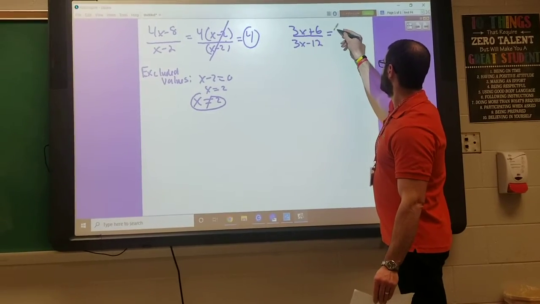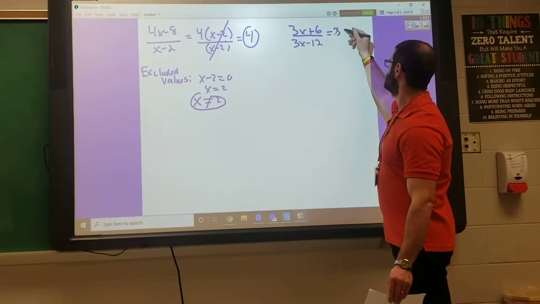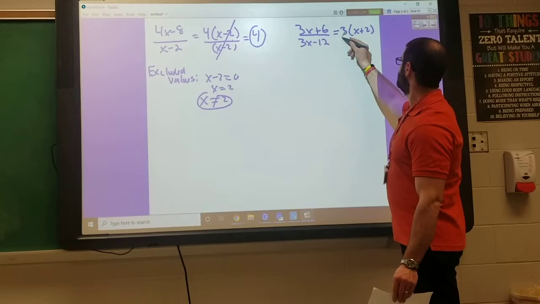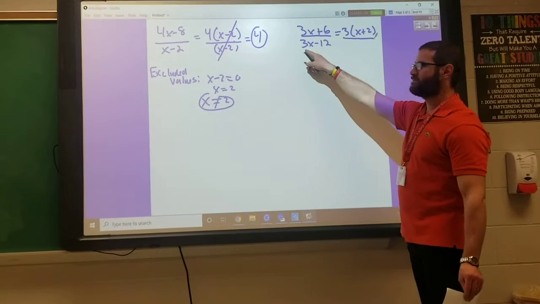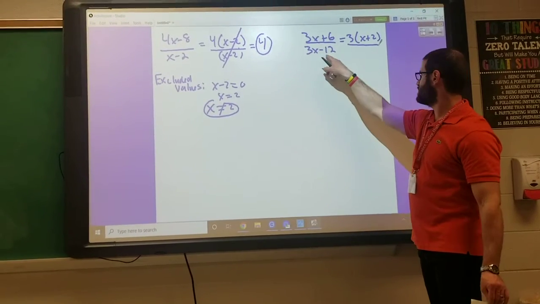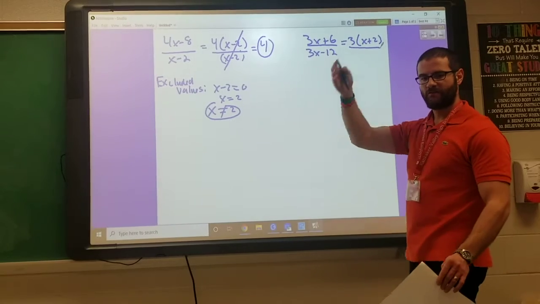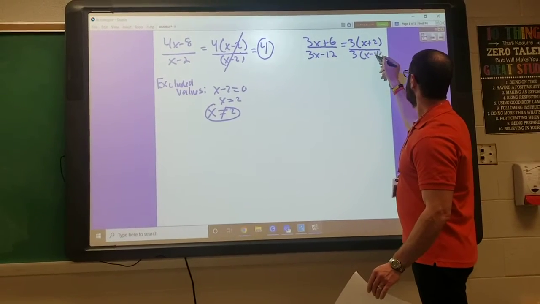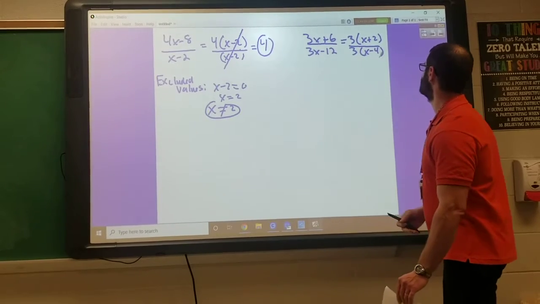So if I factor out 3, divide both parts by 3, I get x plus 2. On the bottom, the common factor of 3 and 12 is 3, so I factor out 3 and I would get x minus 4 in the parentheses.